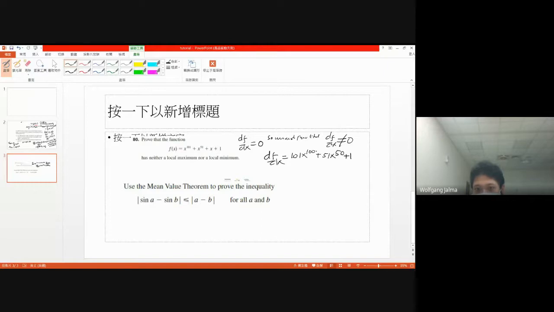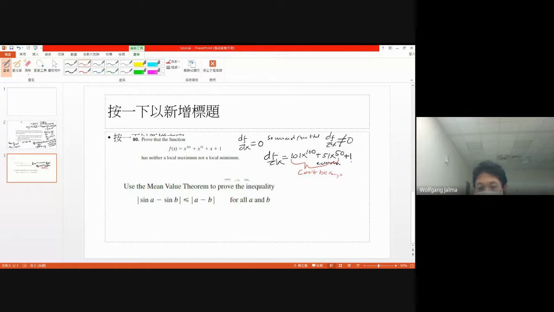Now, we get these two powers of even numbers. So what does it mean? It cannot be negative, right? This part can be negative.